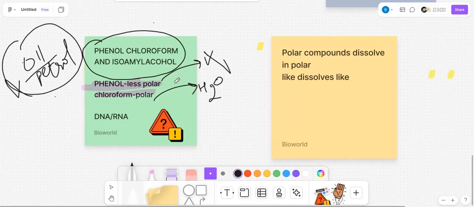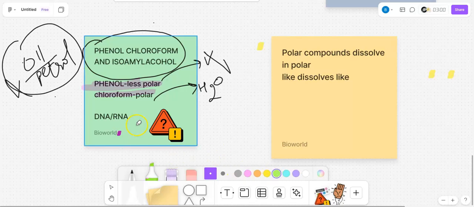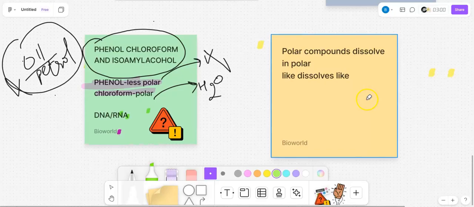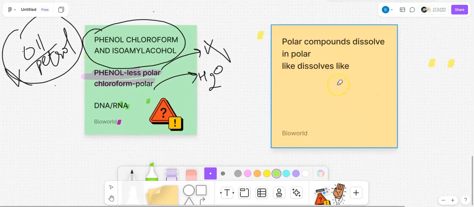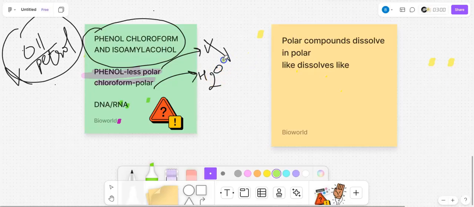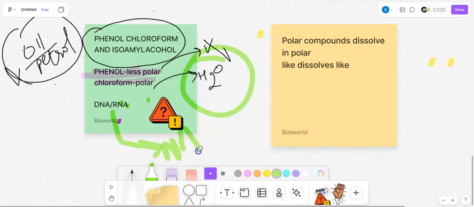So okay, DNA and RNA, polar or non-polar? What do you think? So here, let's see. We have seen polar compounds dissolve in polar. Like dissolves in like, polar compounds dissolve in polar. DNA and RNA are nucleic acids which have a negative charge.